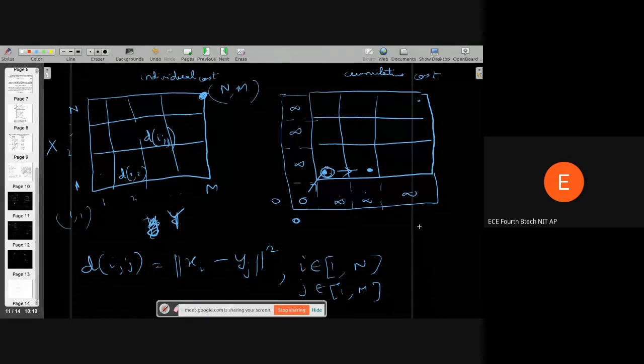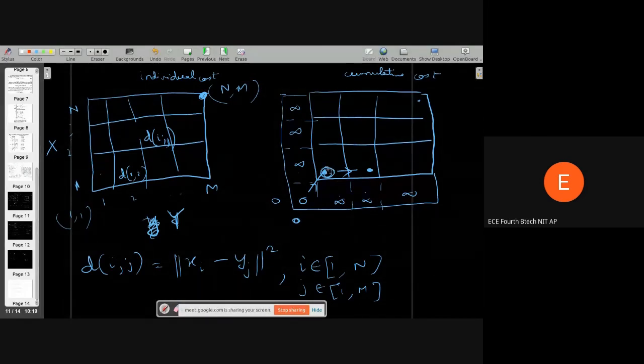This individual distance you will add along with the cumulative distance of your previous point in the path. Then you come to here. Again, you see there are three paths. Why will you choose? You will choose the minimum distance. The path which gives you the minimum cumulative distance. That's why they have put infinity there in the algorithm. It's a software code basically.